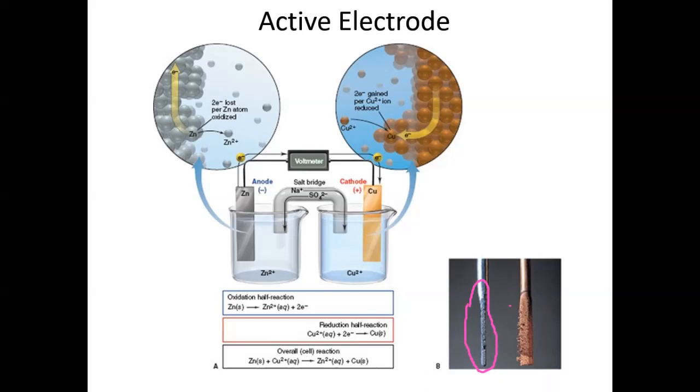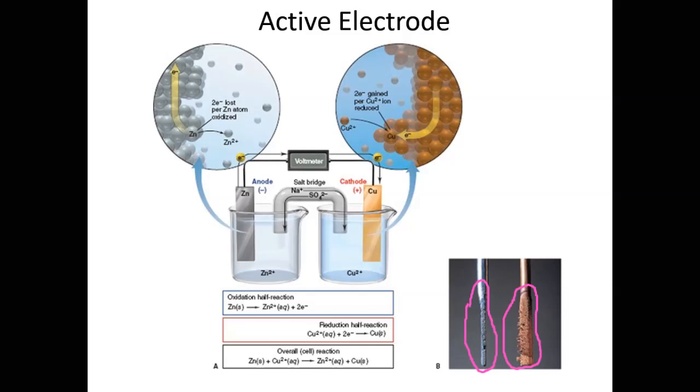And then on the cathode, you'll start seeing it gain mass because the copper 2+ ion gets the 2 electrons, forms copper, and sticks to the surface of the electrode. So over time, the cathode increases in mass and the anode decreases in mass.